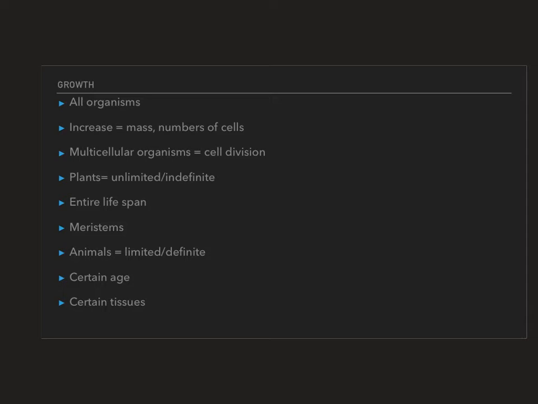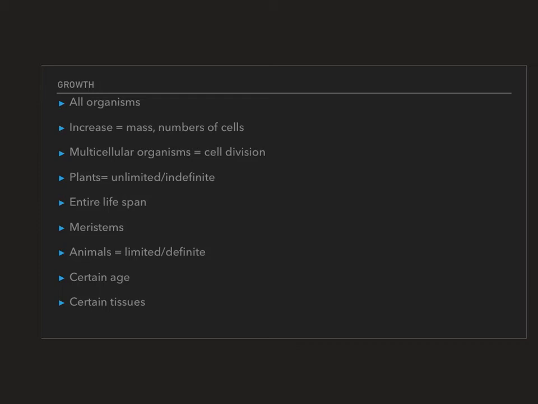All organisms means multicellular organisms and unicellular organisms. First, we will discuss how growth takes place in multicellular organisms. In multicellular organisms, growth takes place by cell division. What are multicellular organisms? They are plants and animals. Now we are going to discuss how growth takes place in plants and animals. In plants, the growth is unlimited, indefinite.